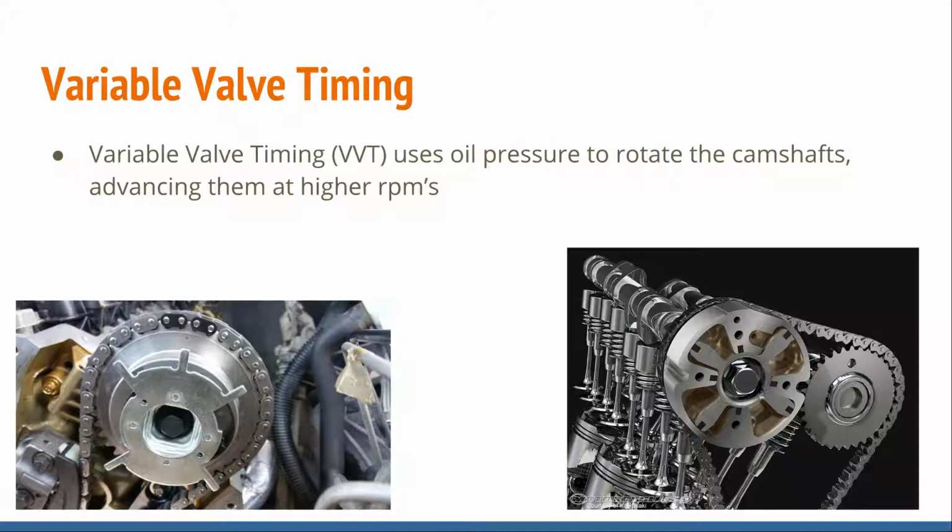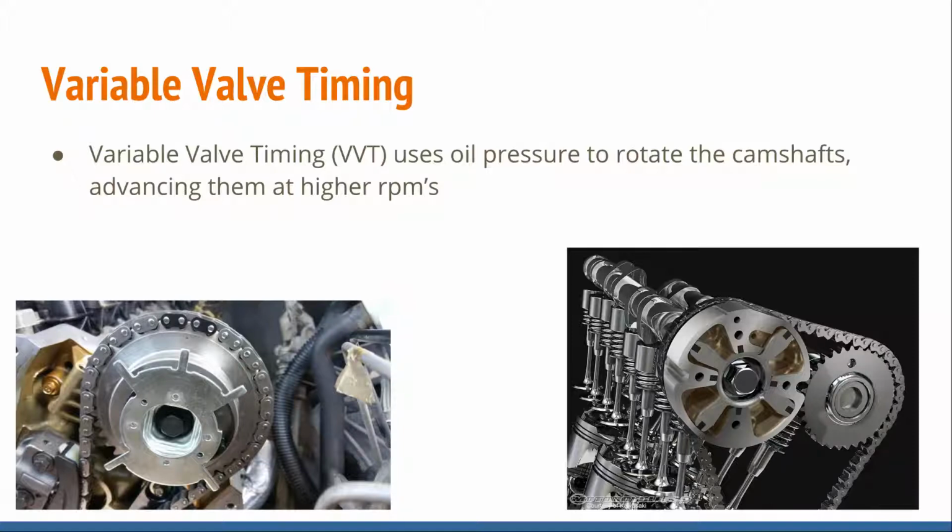So, rule of thumb on camshaft timing: there's advanced and retarded. Retarded means the camshaft is set back in its rotation as the engine spins clockwise. Advanced means it's set ahead of its rotation.